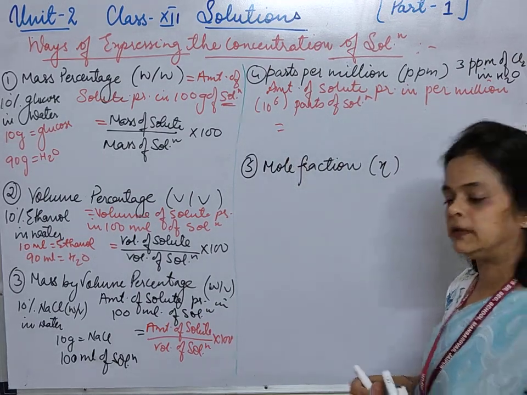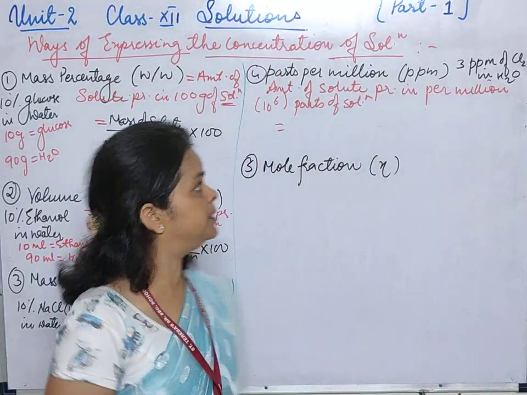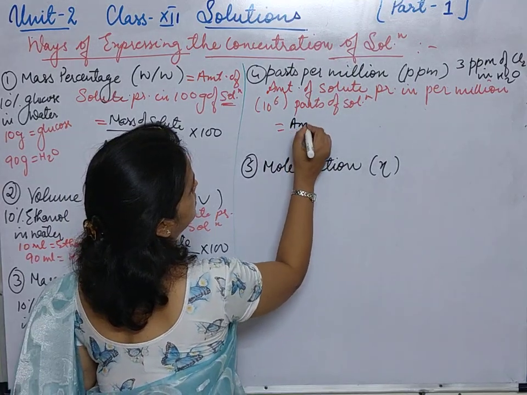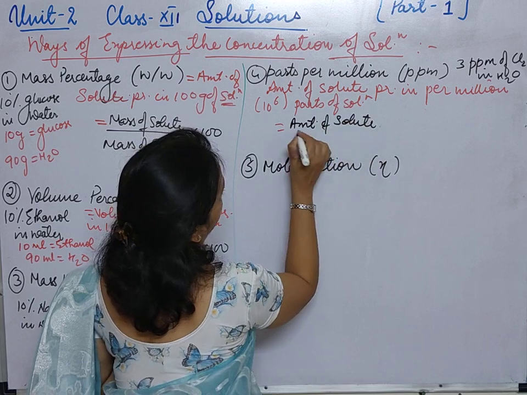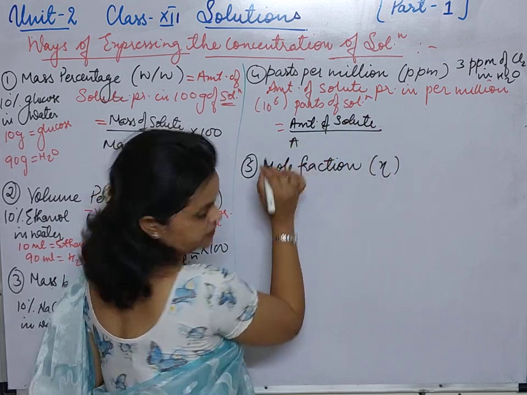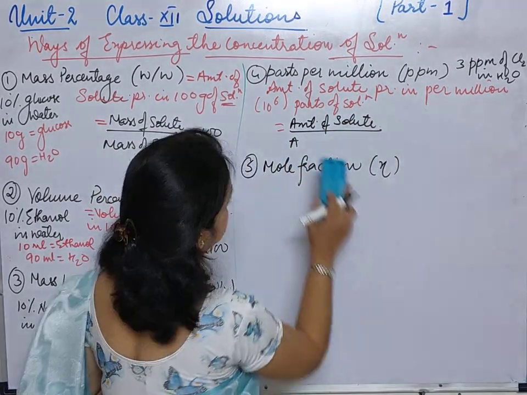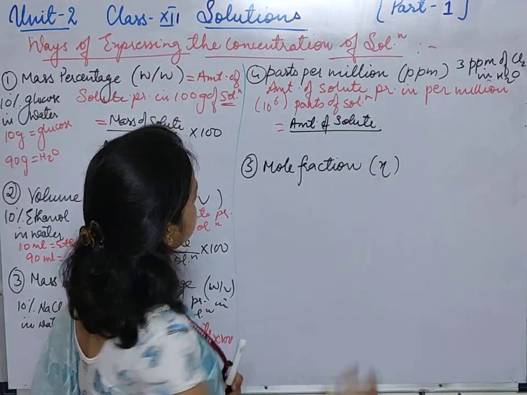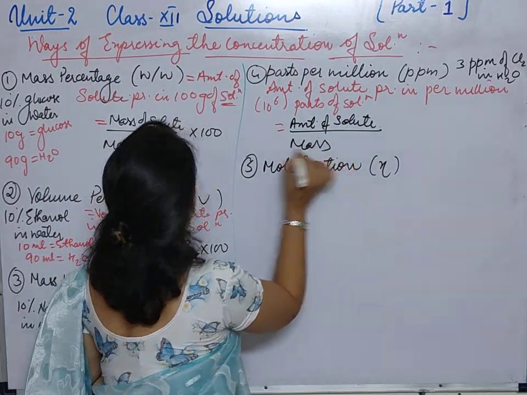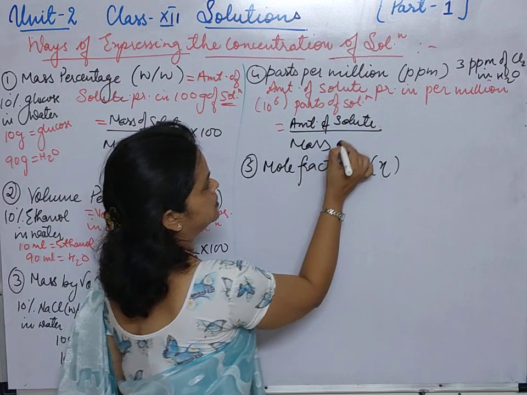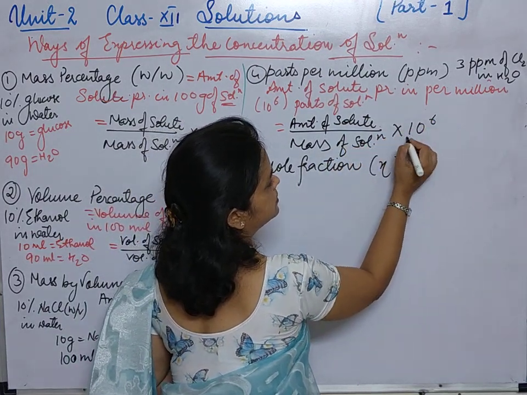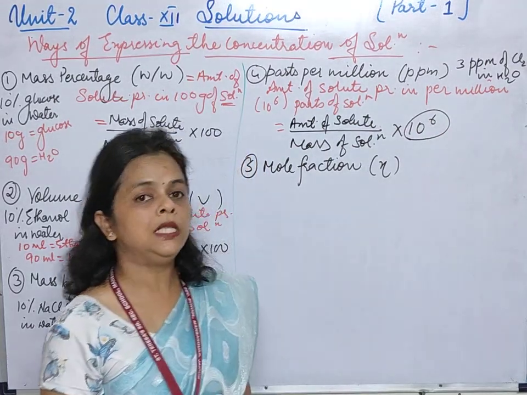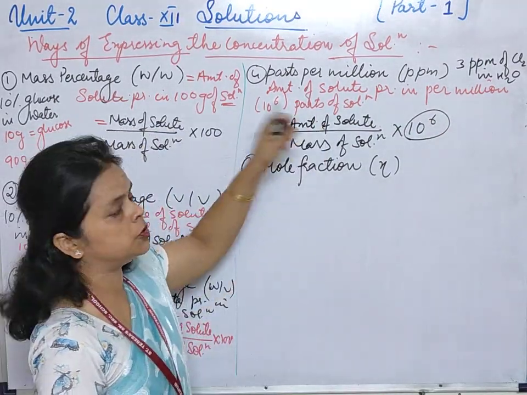If we have to calculate in parts per million, the formula will be amount of solute upon amount of, here we are going to take the total mass of the solution, as we have written here, mass of solution into 10 to the power 6, because we are calculating in million. 1 million parts के अंदर कितना solute present है.